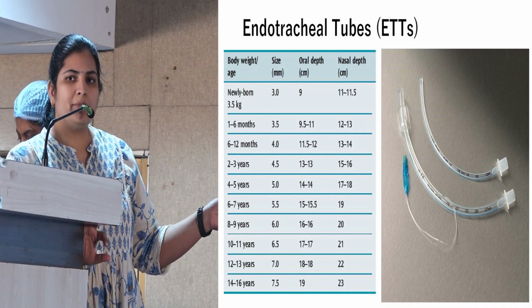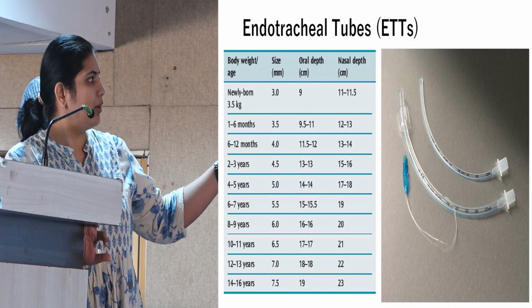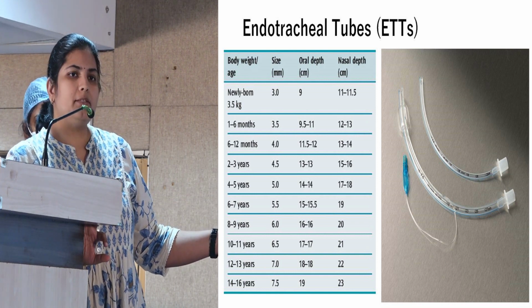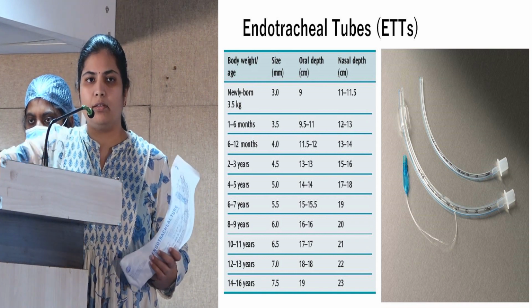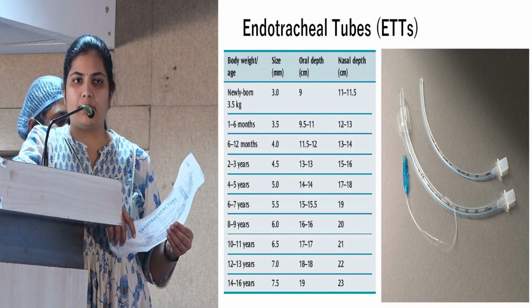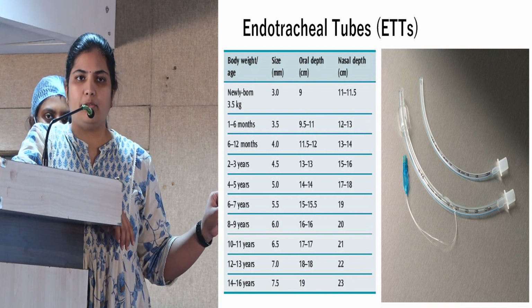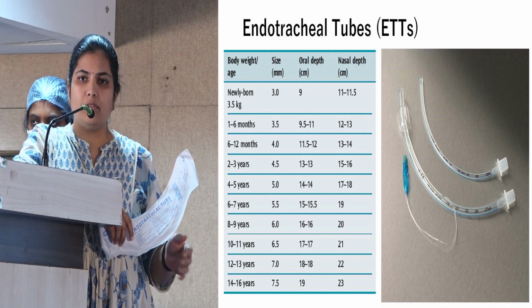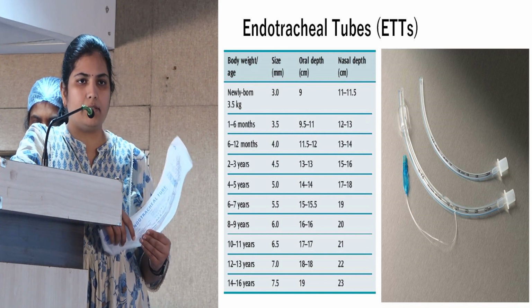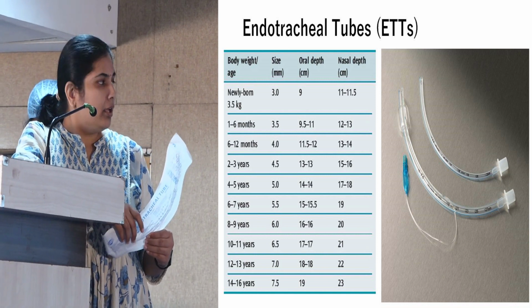The minimum size of endotracheal tubes is 2.5 and the maximum is 8.5. For an adult female, we use 7 to 7.5 size cuffed endotracheal tubes, and for adult males, we usually use 8 to 8.5 size cuffed endotracheal tubes.